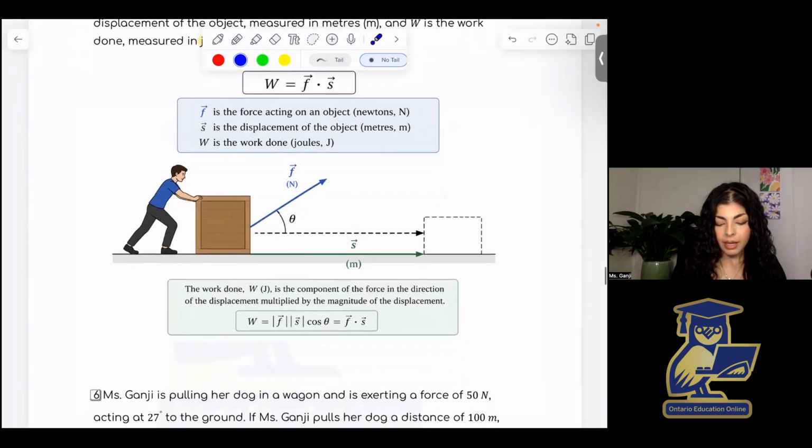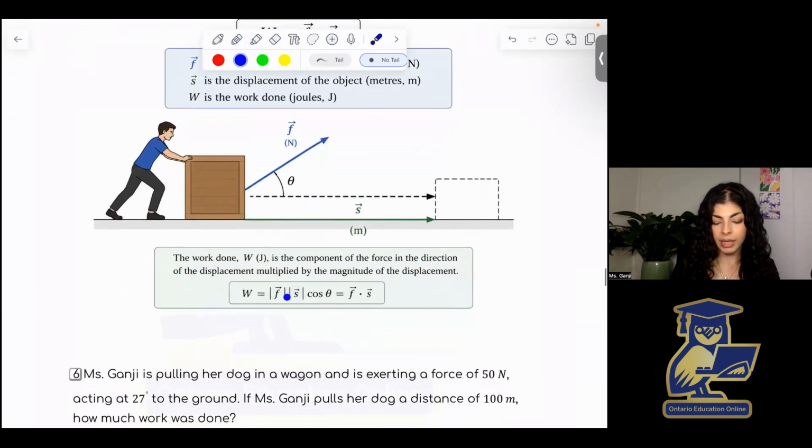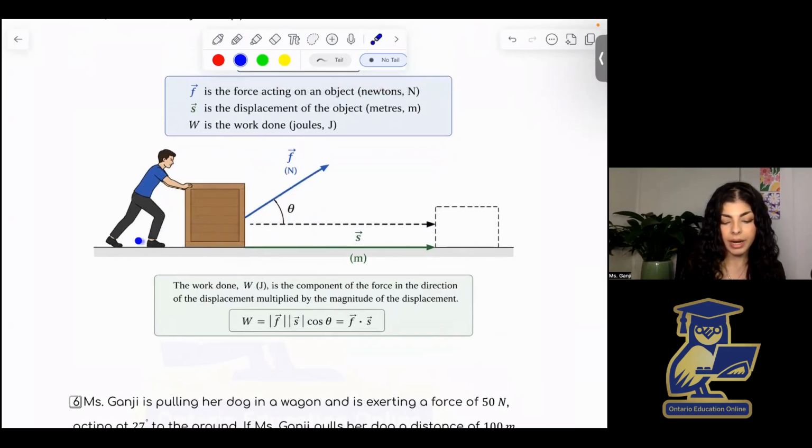And going back to our definition of dot product, this is the same as the magnitude of F times the magnitude of S times cosine of theta, where theta is the angle between the force and the displacement. So consider this example where he is pushing this box and the box is moving this displacement.